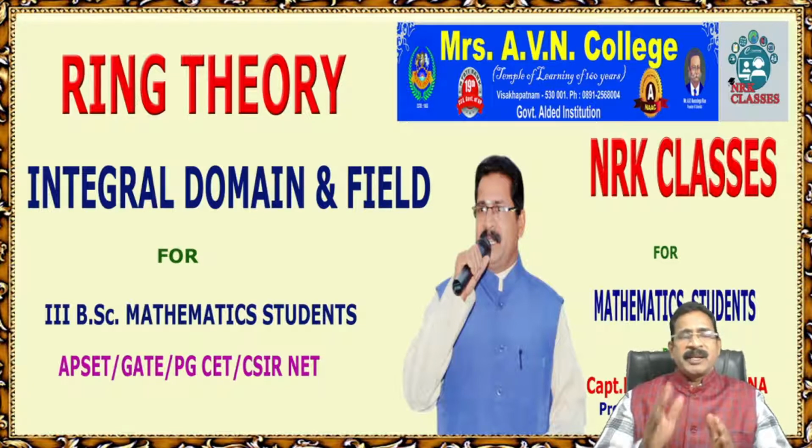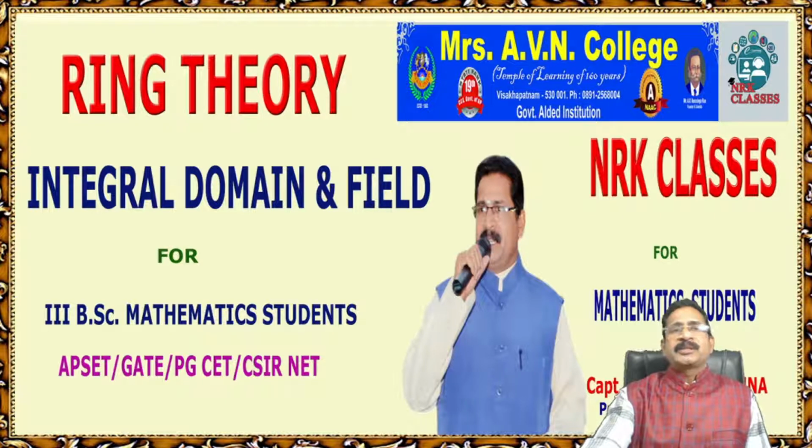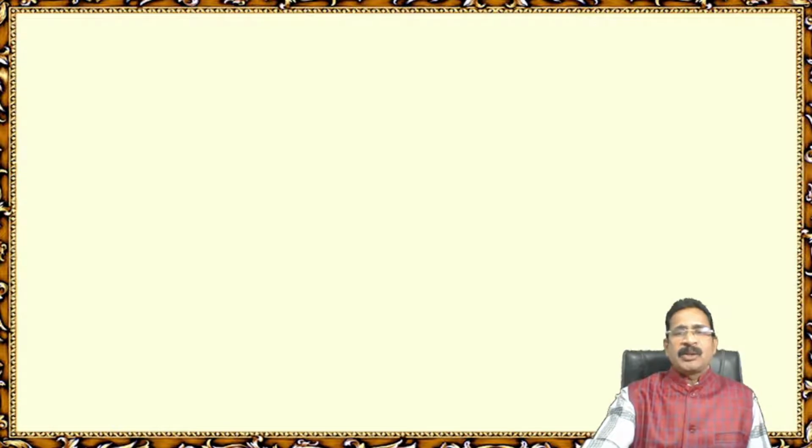That is the commutative law. A ring satisfying this law is a commutative ring. Now, a ring without zero divisors, or a ring having no zero divisors, means ab = 0 implies either a = 0 or b = 0. So, with this background, we will enter into our topic.